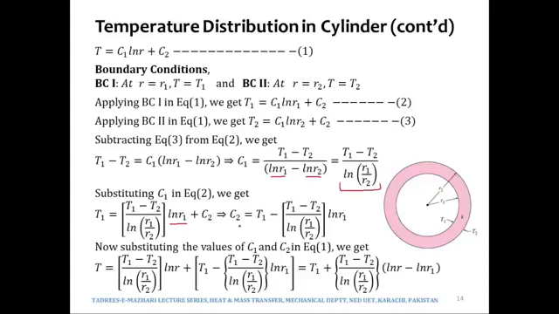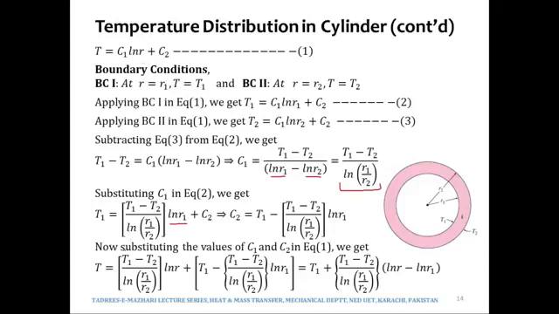Now we have found C2 and C1, one of them a coefficient and one of them a constant. We will put both these in equation 1 to get temperature as a function of R. In the case of plane wall we had found temperature as a function of X, but over here since it is a cylindrical coordinate system, we would be finding temperature as a function of R, radius.